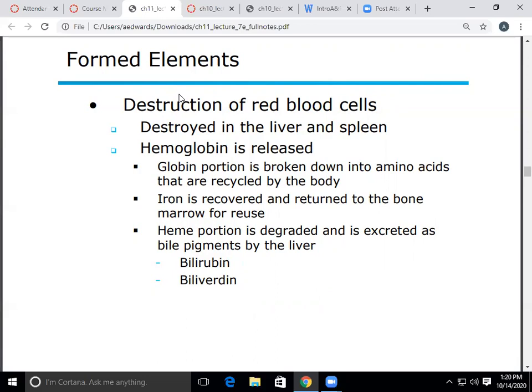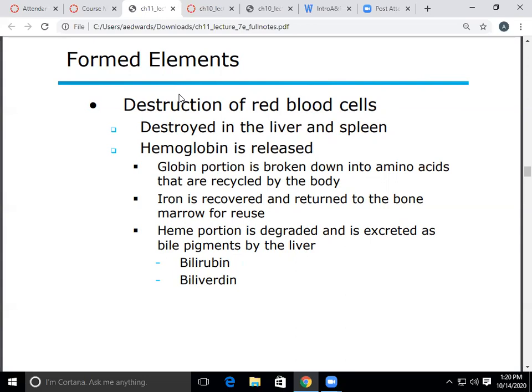The iron gets recovered, because hemoglobin also carries iron, and returned back to the bone marrow, and you can use it again. The heme portion of your hemoglobin just gets broken down or degraded. It gets excreted out of your body as bile pigments by the liver.